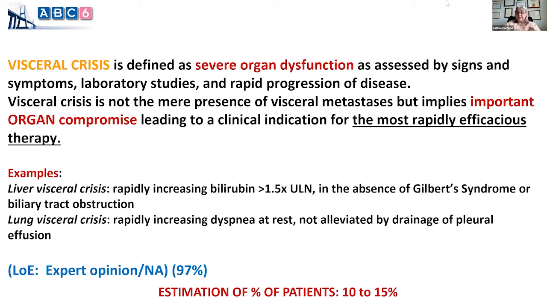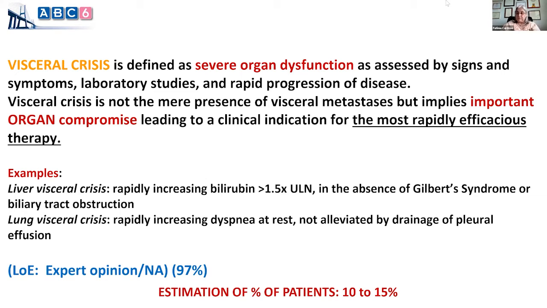What is worse is if you have so many liver metastases that the liver is not able to function properly. The same applies to the lung. It's not worse to have 2 or 3 lung metastases, but if you have many lung metastases that do not allow your lung to function properly, that's what we call a visceral crisis.